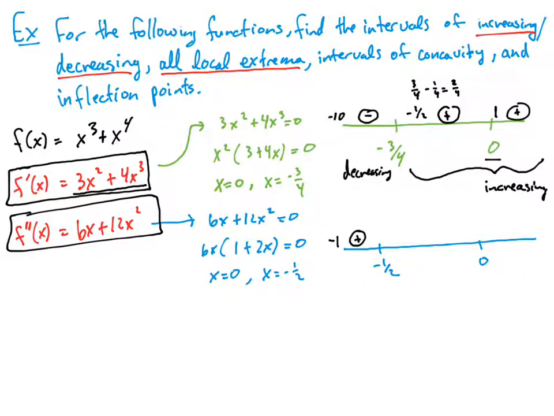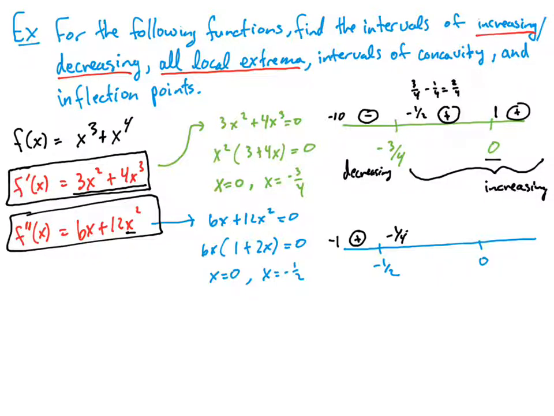Between negative 1/2 and 0, I guess I'll test negative 1/4. Negative 1/4 squared is positive 1/2 times 12 is positive 6. And then, hang on, is that right? It's actually not right. When I do negative 1/4 in for x, negative 1/4 squared is not 1/2, it's 1/16.